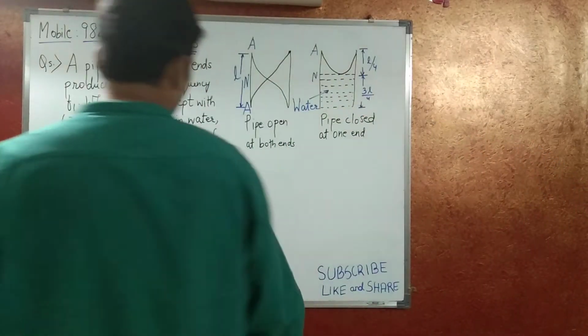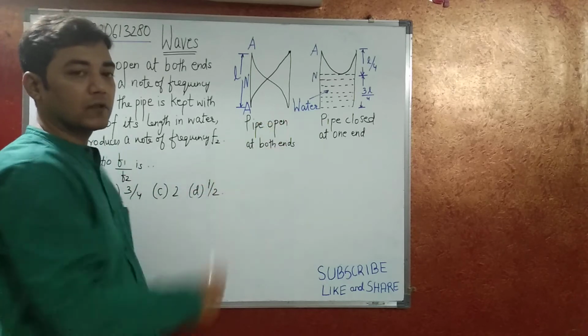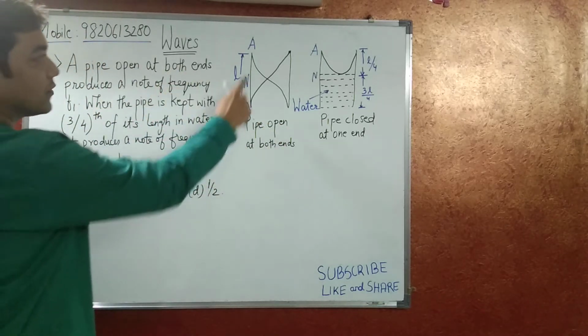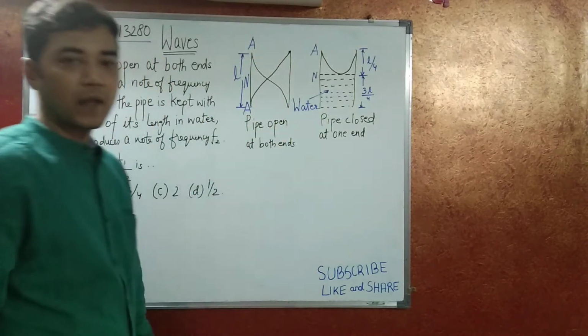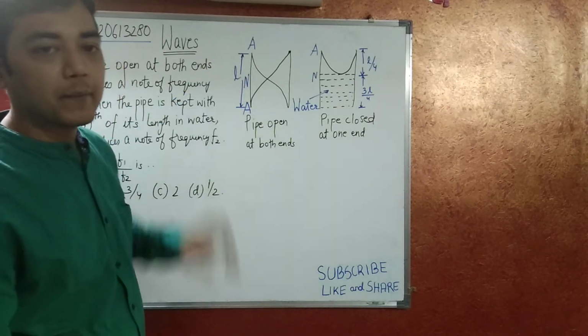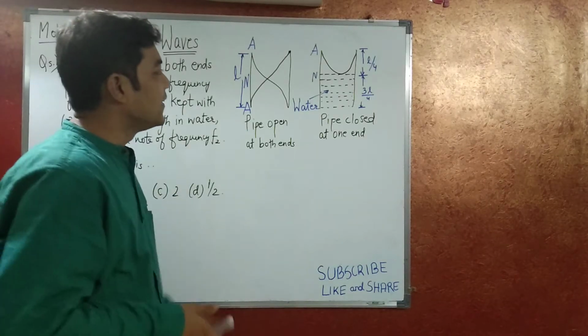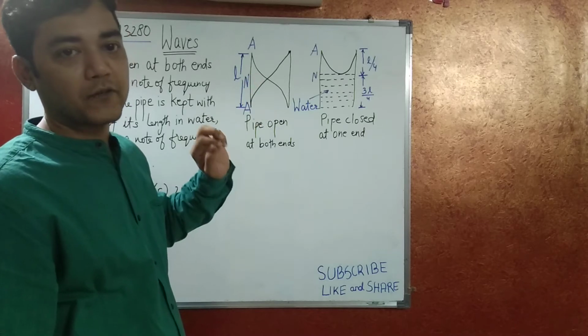Now as you look at the diagram, I have considered both the cases. First, when the pipe is open at both the ends. So if you look at this pipe, it is open at both the ends. Let's say the length of the pipe is L. Here I am considering the case of fundamental mode of vibration.